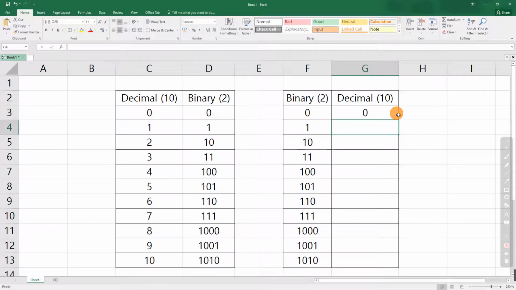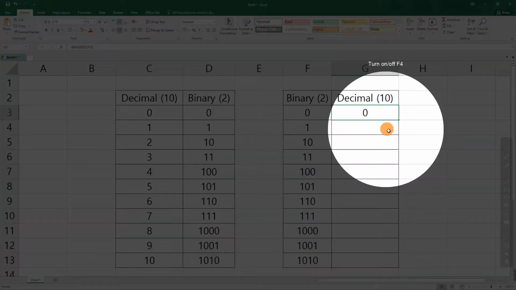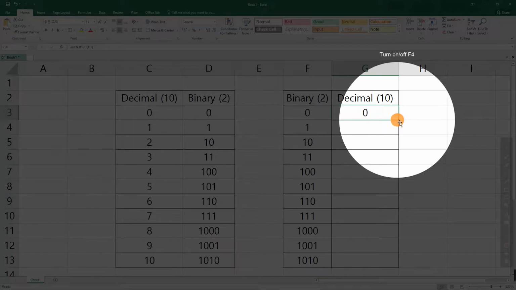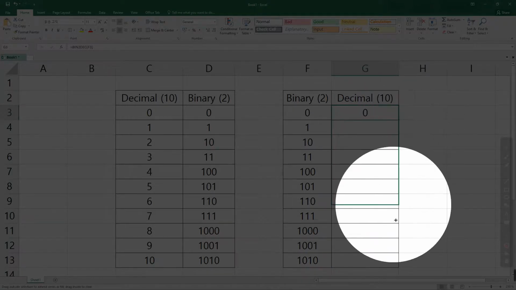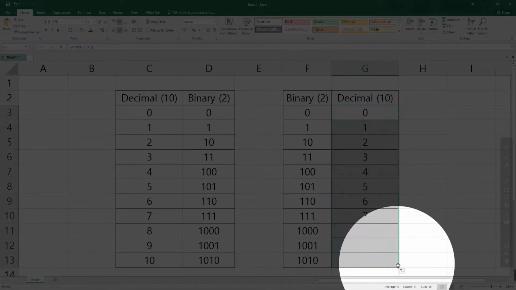Then what you need to do is simply copy the formula by dragging it down. Bring your mouse to this corner until it becomes a black cross, then drag it down, and that's all.